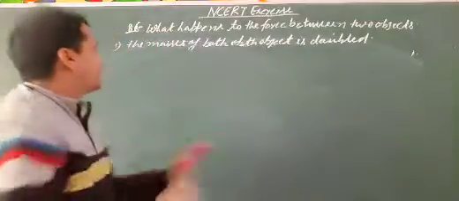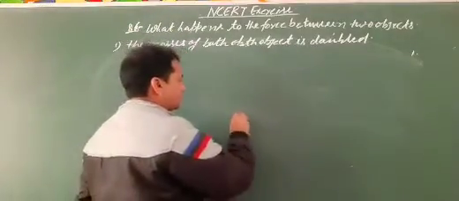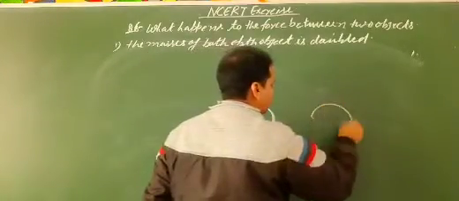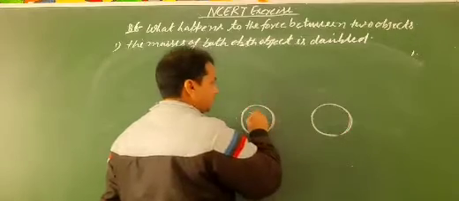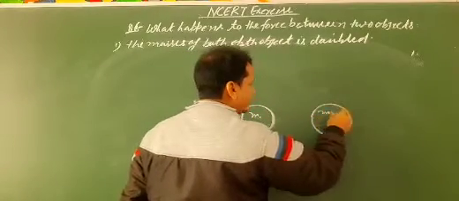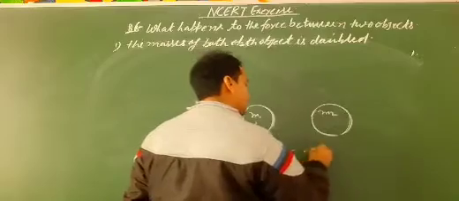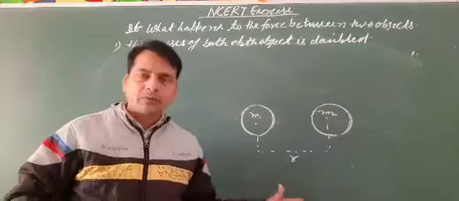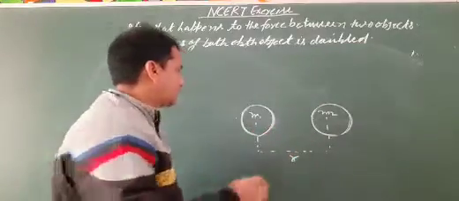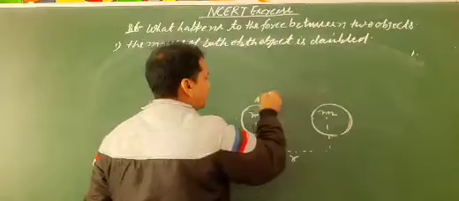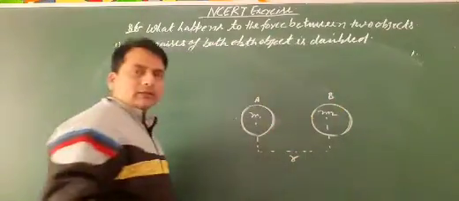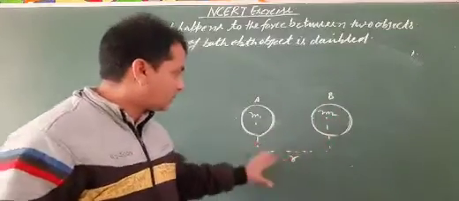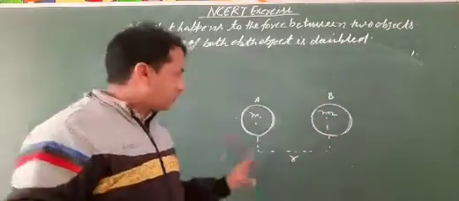So we know that if there are two objects, suppose object A and B, the mass of object A is m1 and the mass of object B is m2, and the distance between their centers is r.